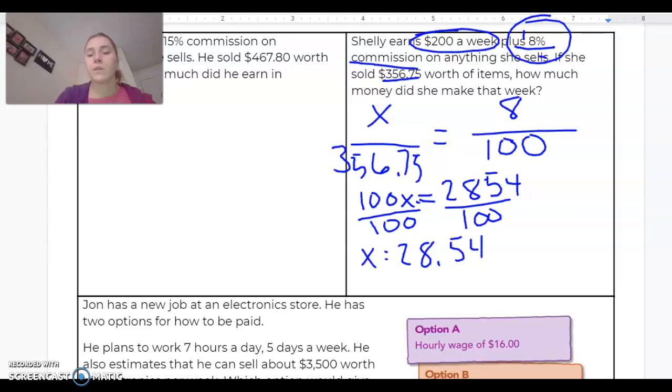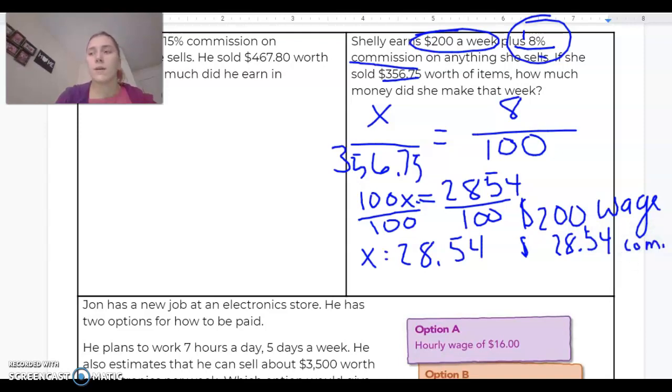Okay? So we said $200 a week. So $200, that's her wages. And then we have $28.54 in commission. Okay?